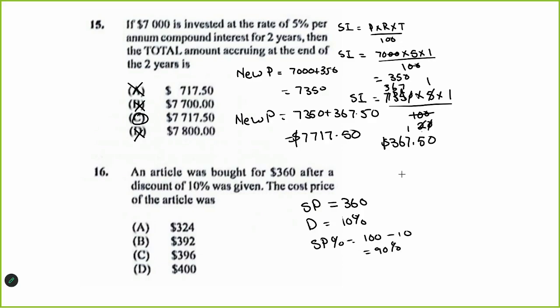We want to find out 100%, so it'll be more than 360. The answer will be 400, but let's check and see. So if 90% is equal to 360, 1% would be 360 divided by 90, which is 4, and then 100% would be 4, which is 1% multiplied by 100, is 400, so the answer is D.